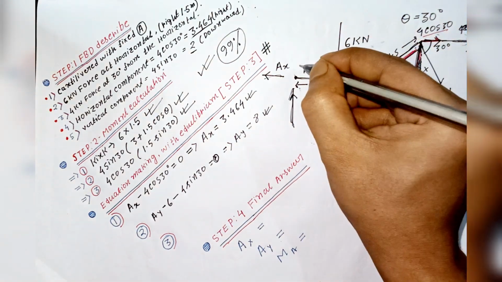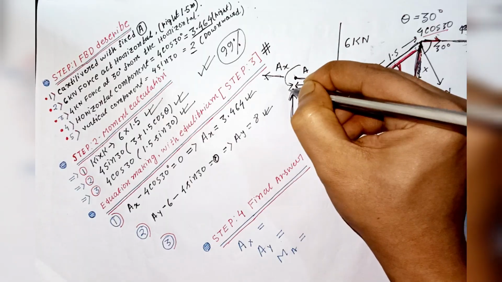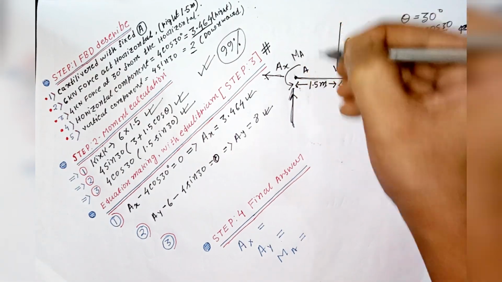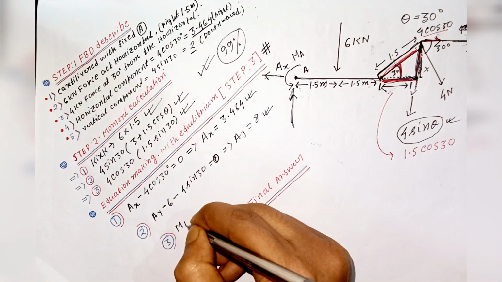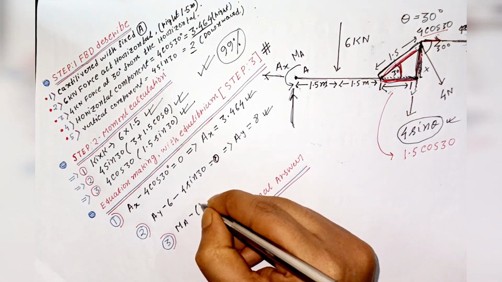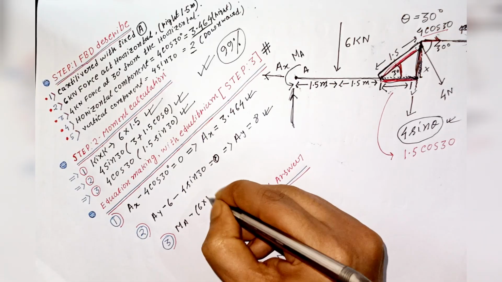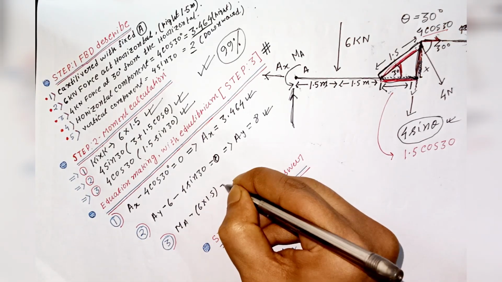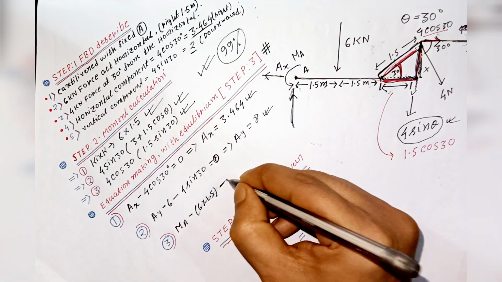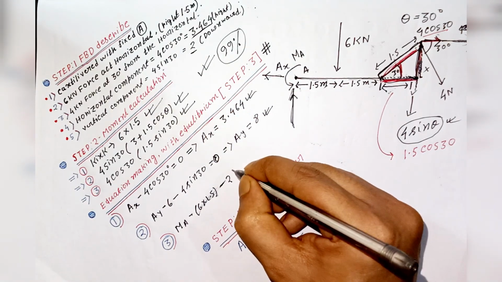Okay. Now the very important one, our goal, moment A. What is MA? MA minus, already we calculated the moment before, 6 into 1.5, minus 4 sin 30 into 3 plus 1.5 cos theta. 4 sin 30 means 2.